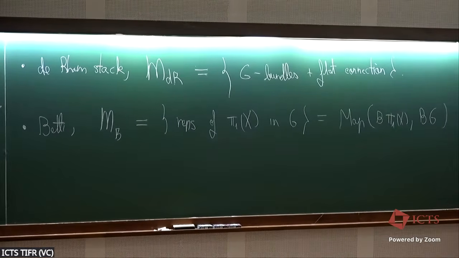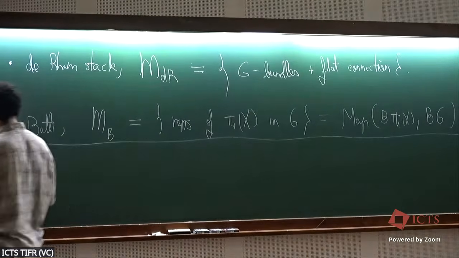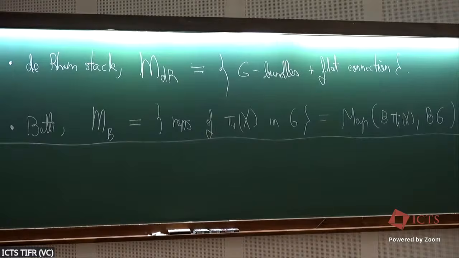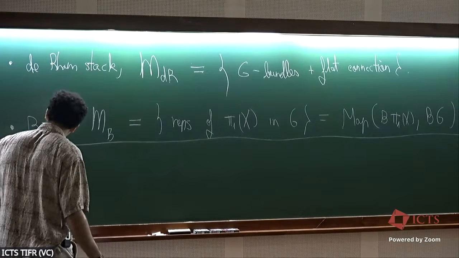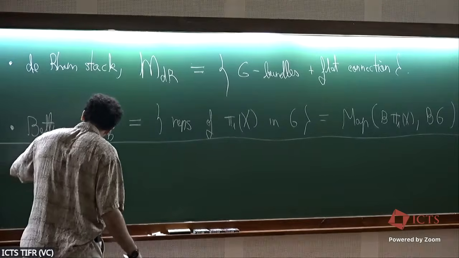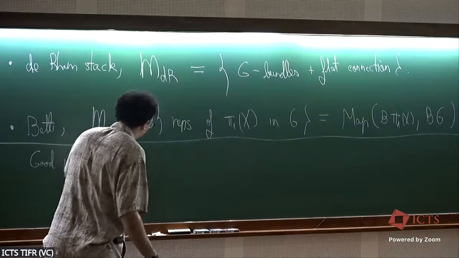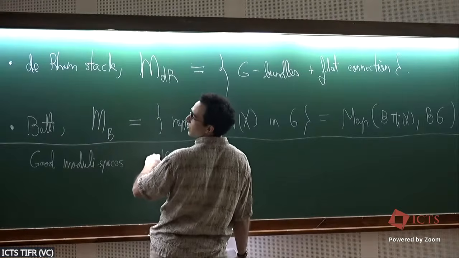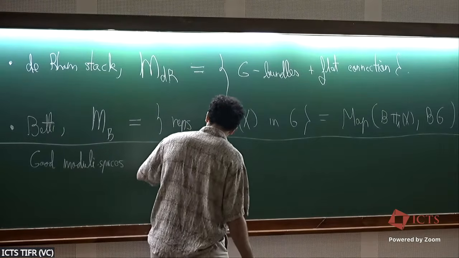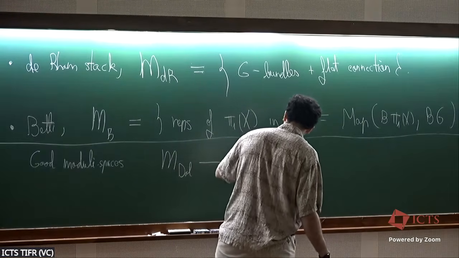And so these three stacks can be approximated by schemes in what's called good moduli spaces. Each of these stacks has some automorphism groups present, but there's a way to get rid of them.